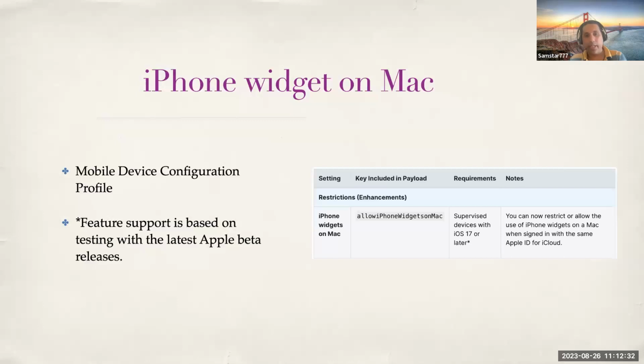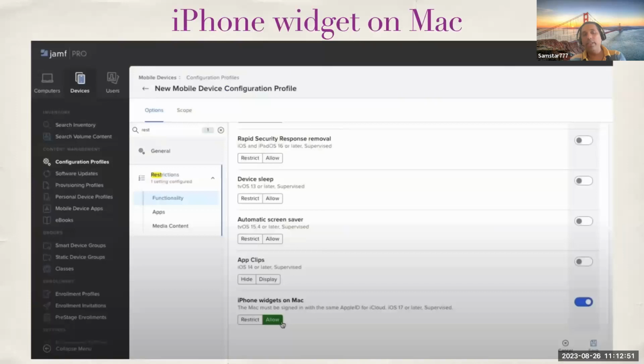With 10.49, Jamf has released a new configuration profile setting, which can either allow or restrict access for a Mac device or iPhone device to share the widgets with Mac. How does it work?